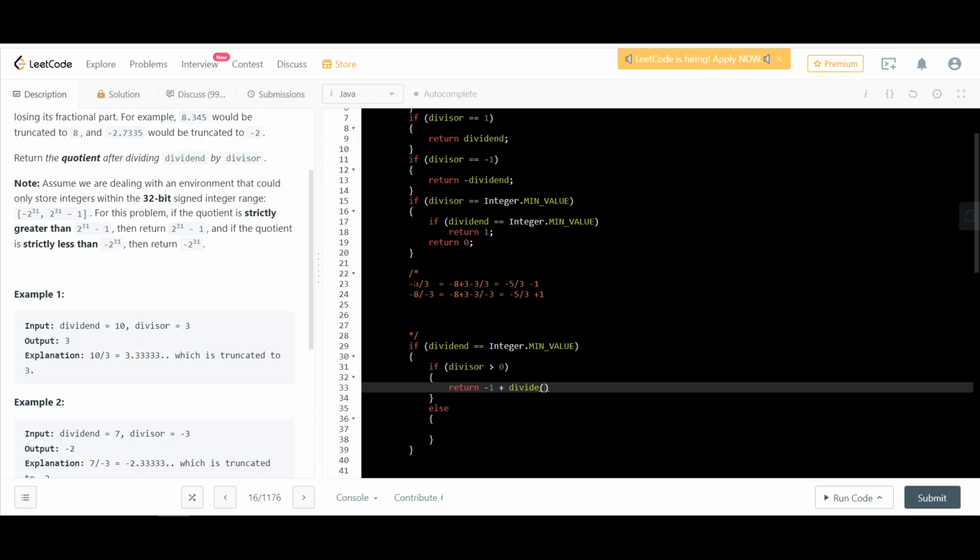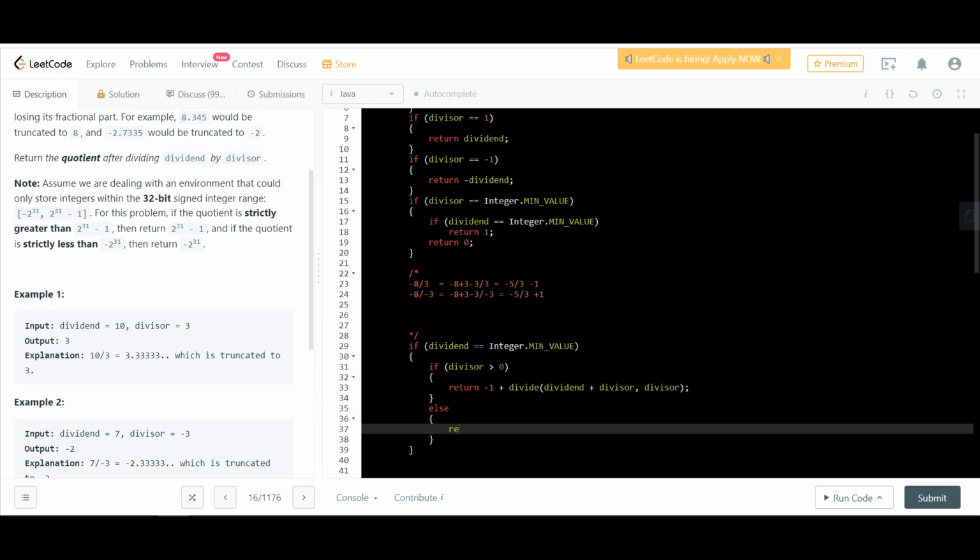The dividend was minus 8, the divisor was 3, so I did dividend plus divisor. And in this second case it is plus 1, so I do 1 plus divide. Now how do I get minus 5? So minus 8 minus minus 3, so here it becomes dividend minus divisor.